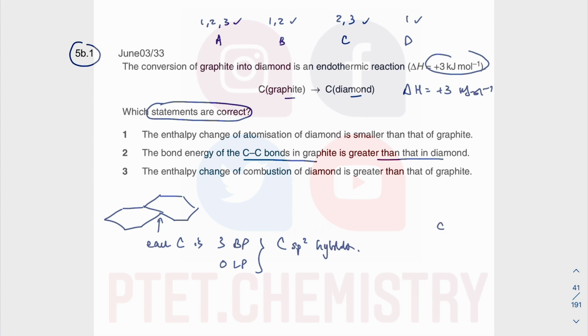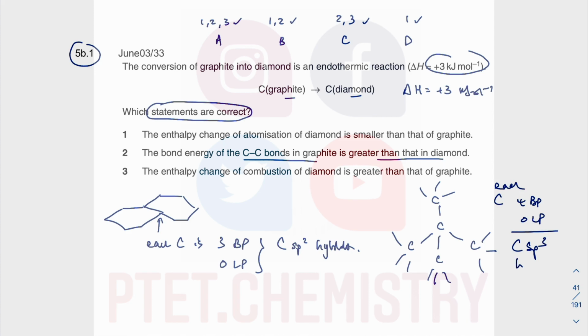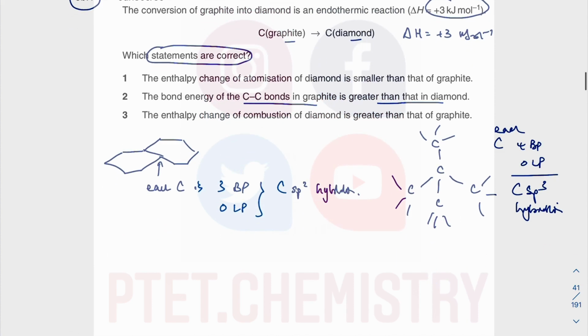In a diamond, however, you have each carbon bonded to 4 other carbon. Okay, so each carbon will be 4 bond pair and 0 lone pair. And you know there's tetrahedral, there's carbon sp3 hybridization. You can refer back to the structure and bonding tutorial playlist where I talk more on hybridization and how to work them out.